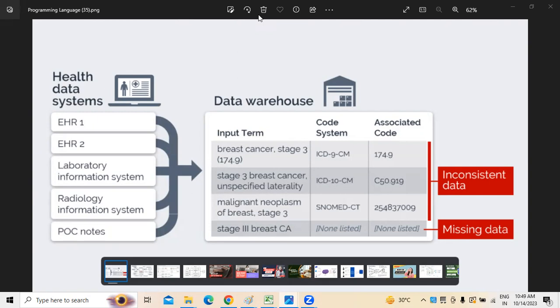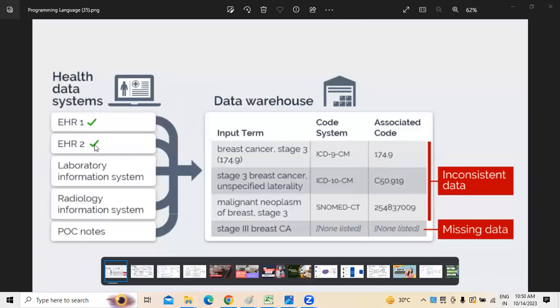There are different healthcare data systems essentially involved when we are working on healthcare data, wherein I have taken two different healthcare EHR records, like healthcare data records, 1 and 2.